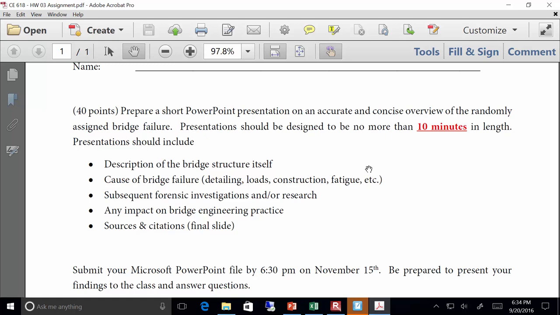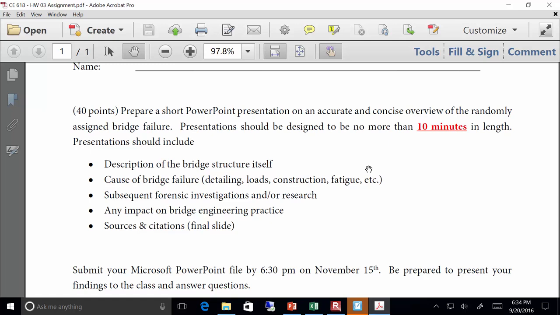This is really meant to expand your knowledge base and create something different right before Thanksgiving break. Everybody has their presentation, but I think it might be a way that we can relax, sit back and enjoy the ride, as it were.